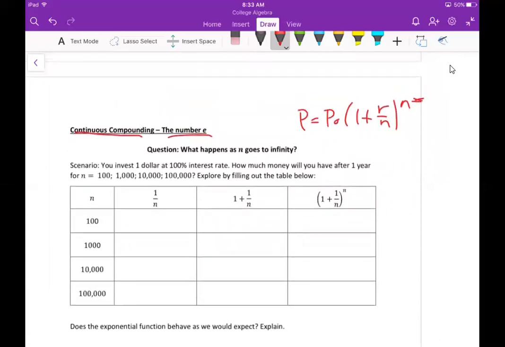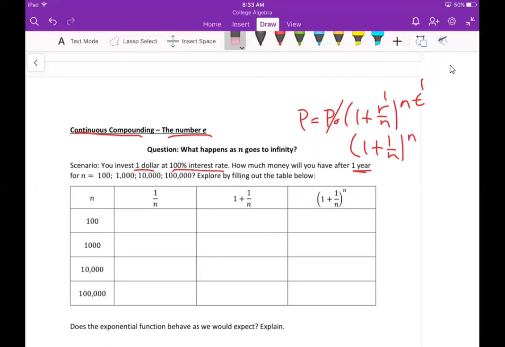We're going to look at 1 year, an R value of 1, and an investment of $1. So basically that simplifies it all down. That's 1, that's 1, that's 1. And so we're just looking at our end amount being this formula right here: 1 plus 1 over N to the N power. We're going to see what happens to that dollar over time.